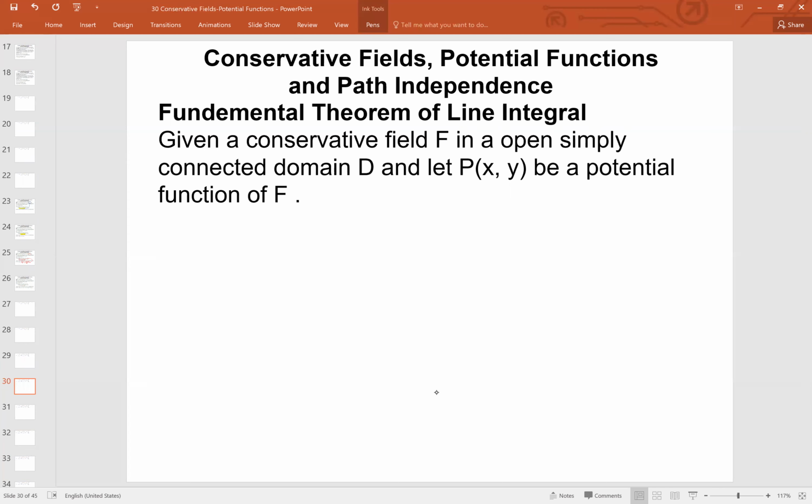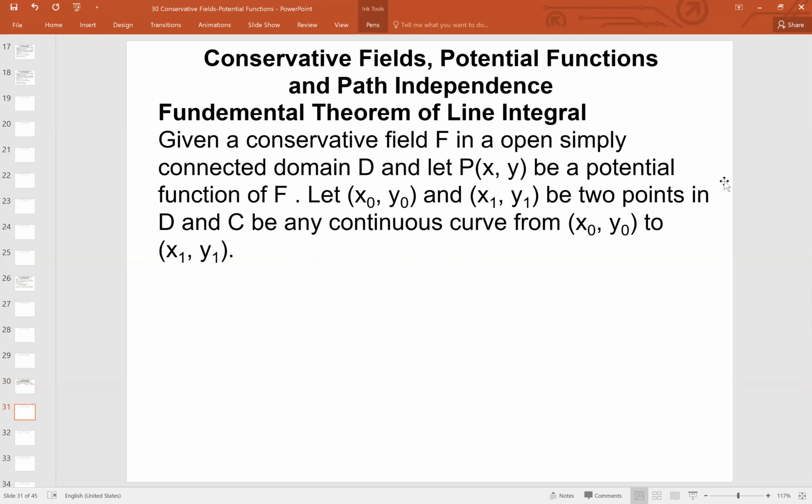So we have a conservative field over a nice domain, and we have a potential function whose gradient is the capital F. In other words, let me remind you again, the potential P means del P is going to be equal to F, which is equal to P_x i plus P_y j.